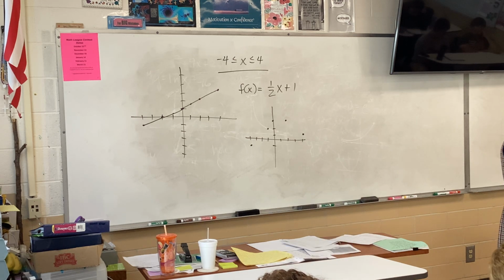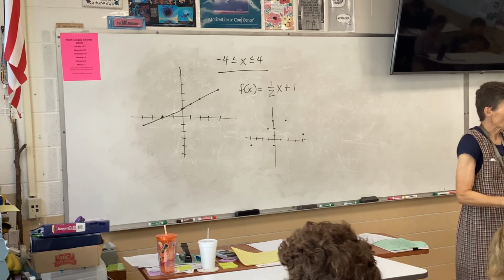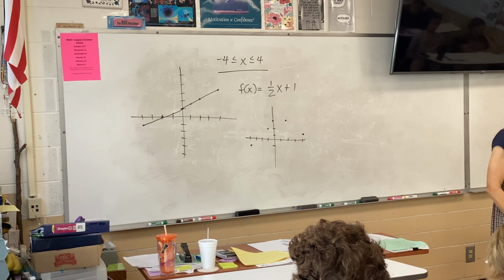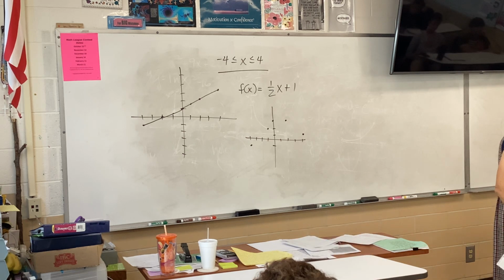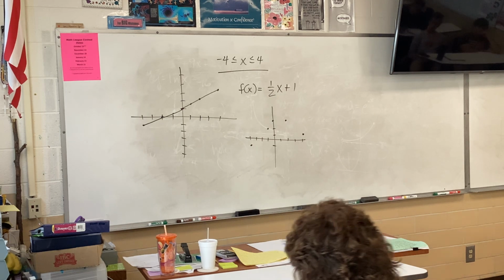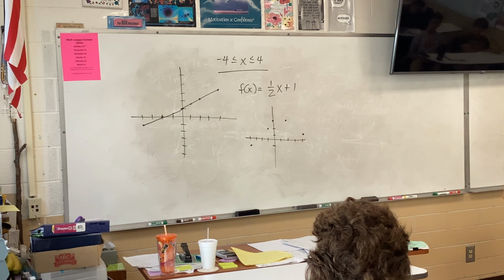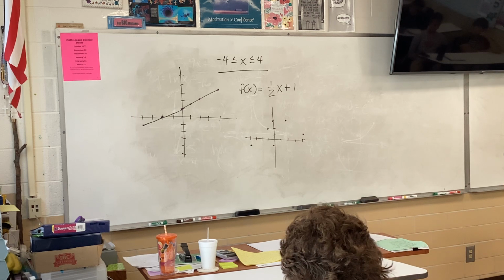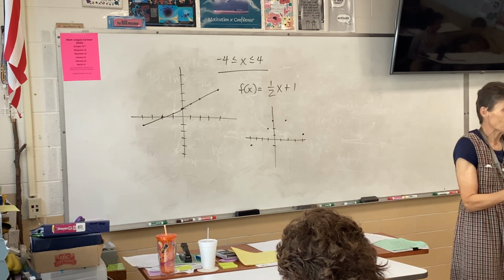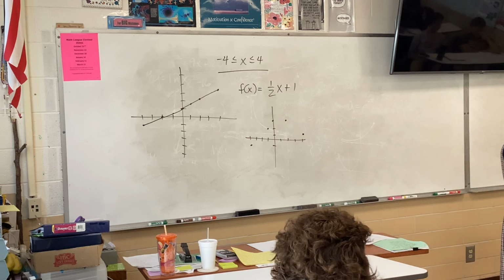The formal definition says if A is less than B, then f of A is less than f of B. So in other words, as the x's increase, so do the y's. Remember, f of A is a y. And then decreasing, same thing, only as x's increase, y's decrease.